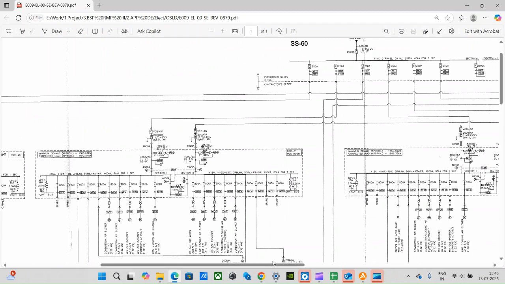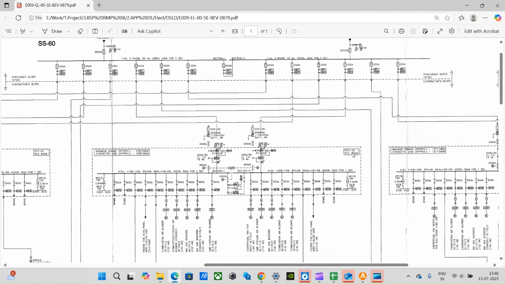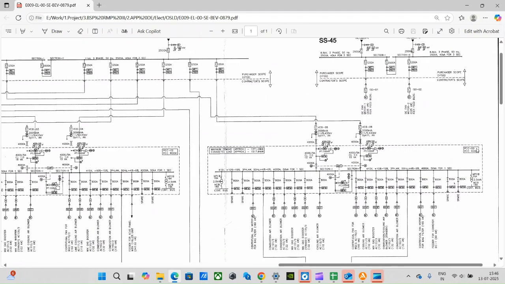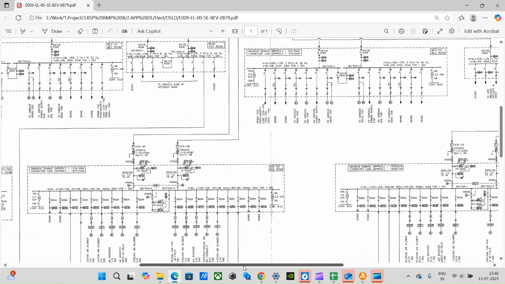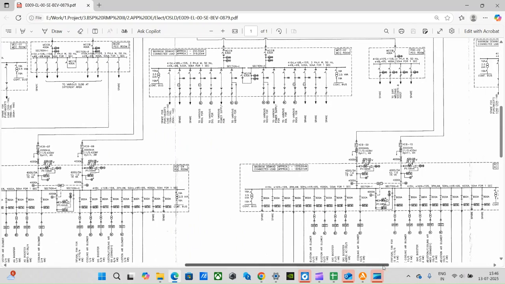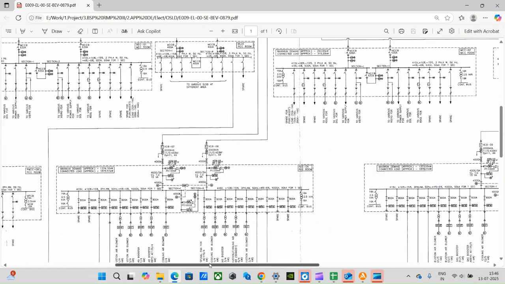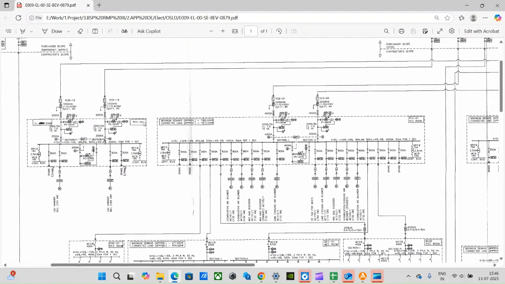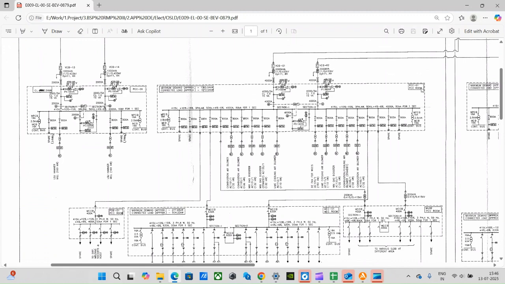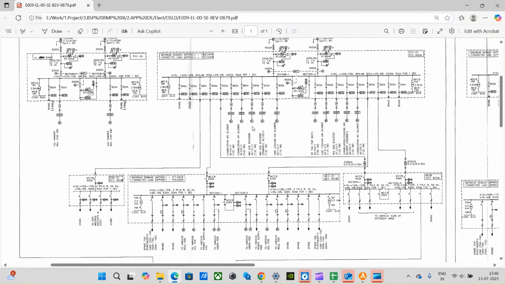This is PCC one, this is PCC two, PCC3, this is PCC4, this is PCC5, and this is PCC6. So six PCCs are done. Power has been supplied to all these six PCCs, and from the PCC it goes either to the motor through the VFD or SST. SST is soft starter, and VFD is variable frequency drive.